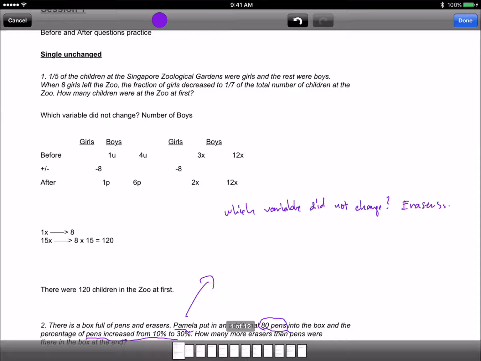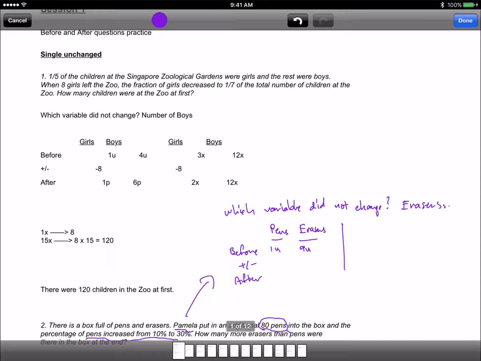So what I do is I set up a before and after table having two variables, pens and erasers, like this. So I have before, plus or minus, and after. Let's try to fill in the information first. The percentage of pens increased from 10 to 30%, which means that at first here is 1 unit and here is 9 units.